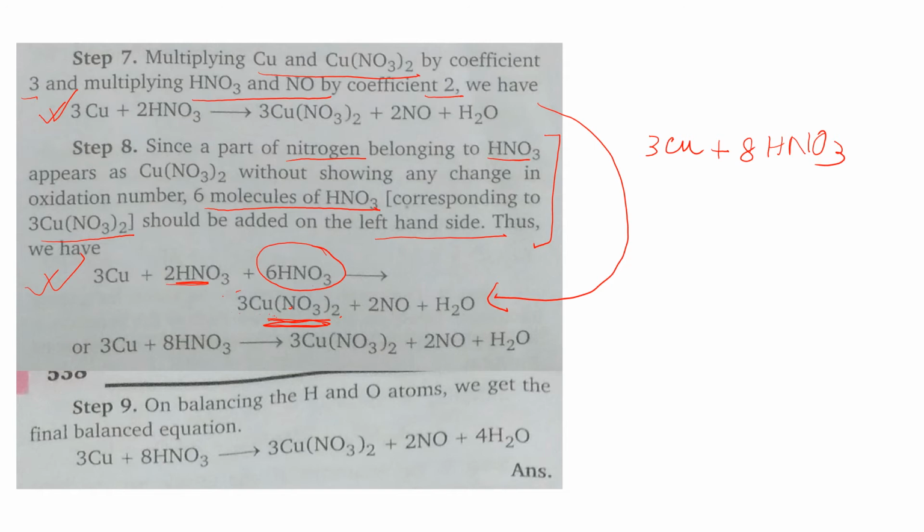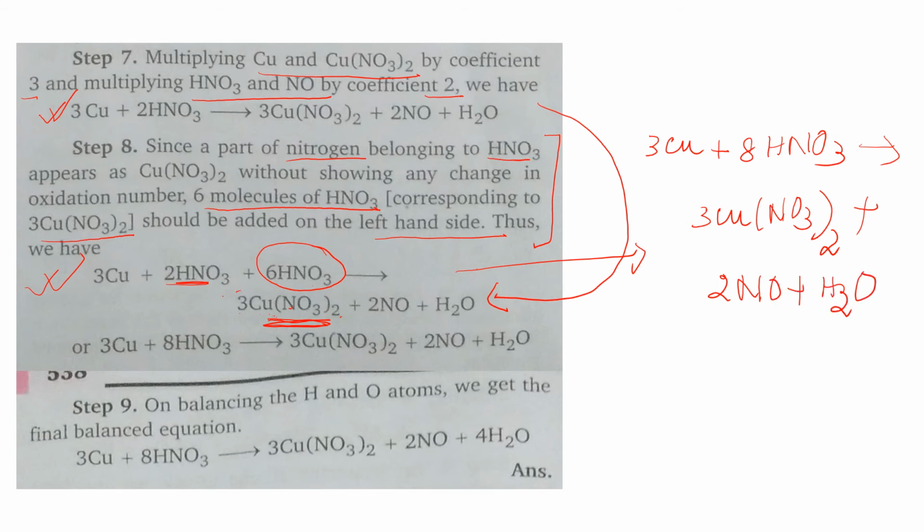So to balance that, 6 molecules of HNO3 corresponding to 3 Cu(NO3)2 should be added on the left hand side. After adding, I get 3Cu plus 8HNO3 giving 3Cu(NO3)2 plus 2NO plus H2O.